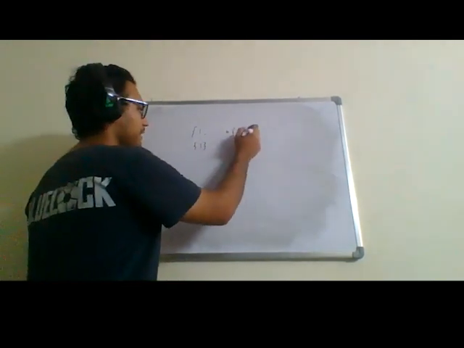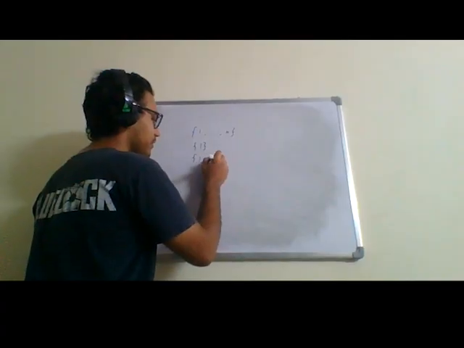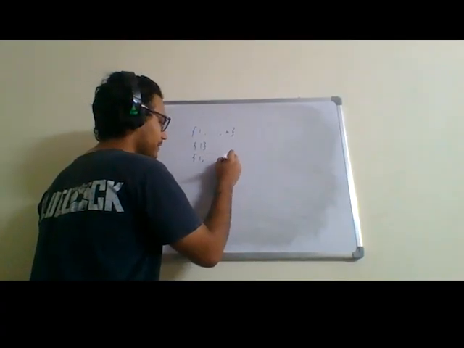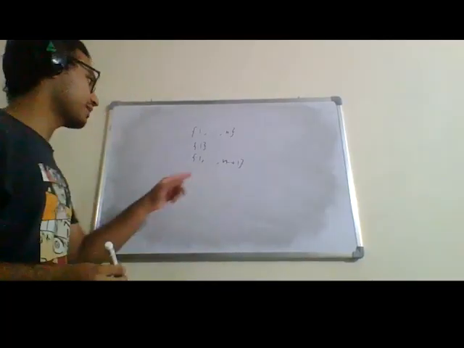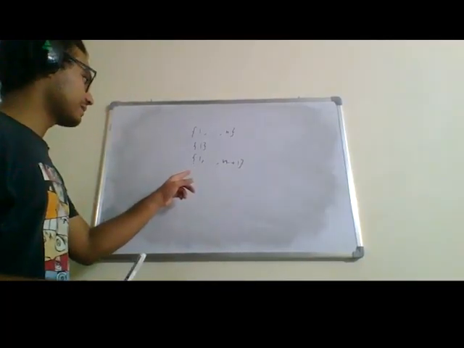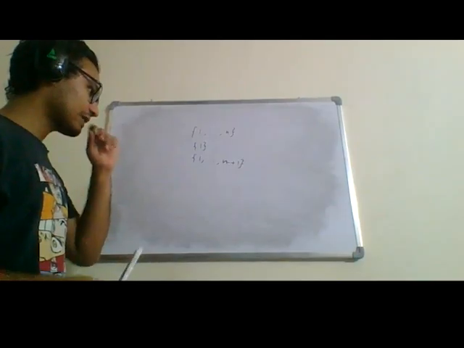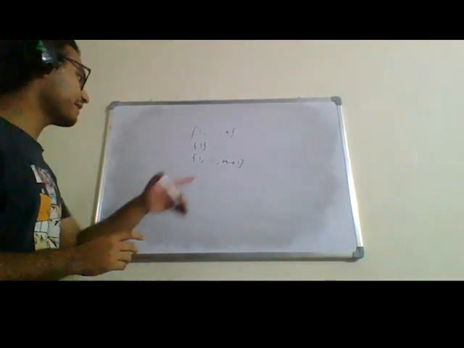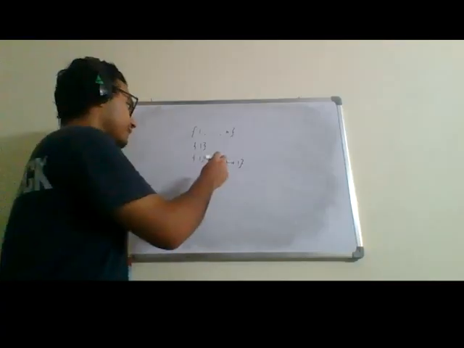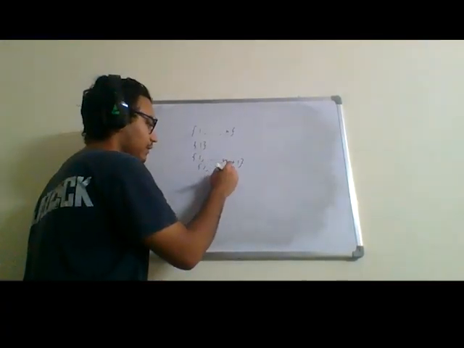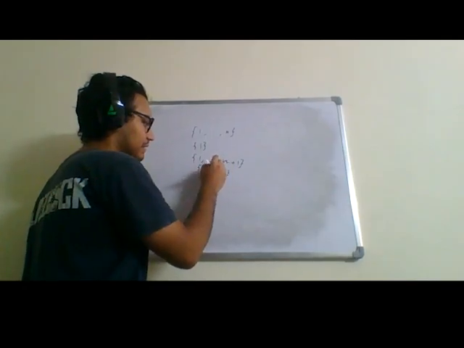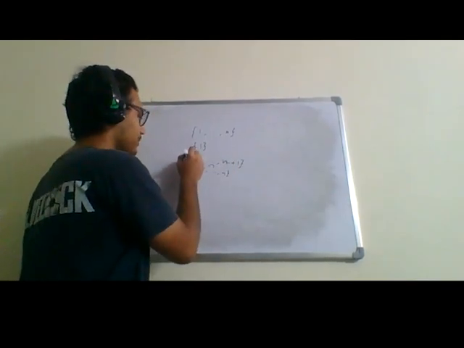And assuming it's true for n, then we'll check for n plus 1, right? If n plus 1 is the only element in it, then n plus 1 is the smallest element. If it's not, then we can check the smallest element for this set.